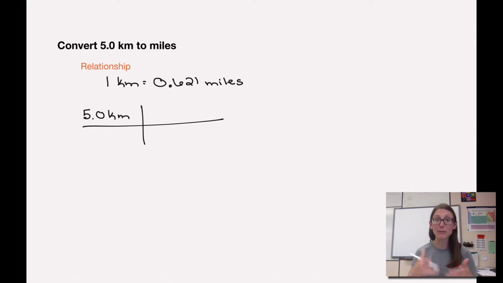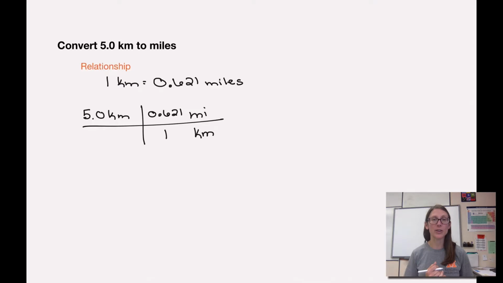And then I'm going to get my railroad tracks for the conversion. The unit we want goes on top. That is miles. The unit we have, which is kilometers, goes on the bottom. And into this second slot on our railroad tracks goes the values in the relationship. So I've got 0.621 miles and 1 kilometer.